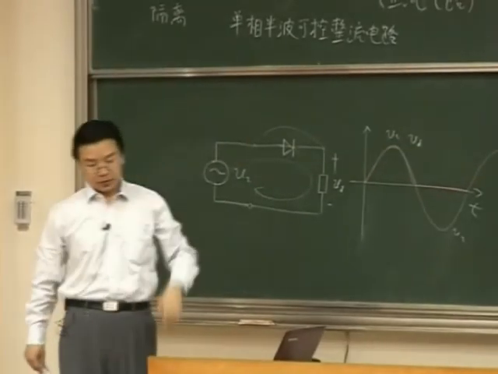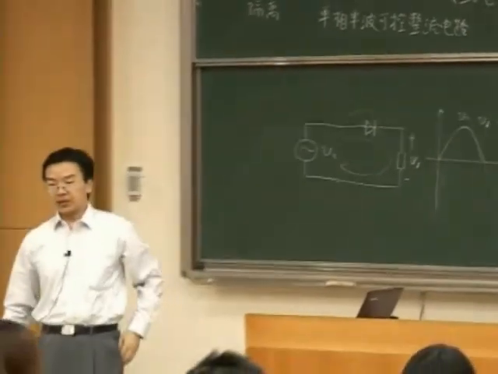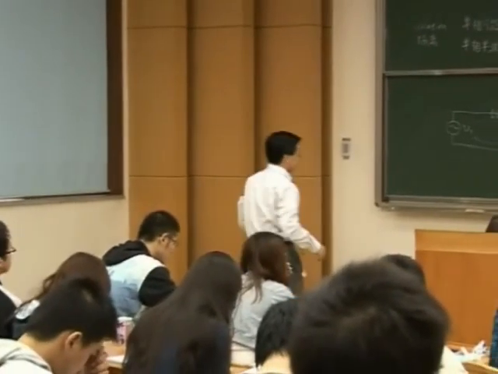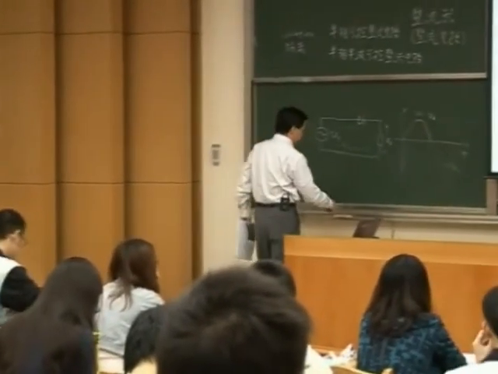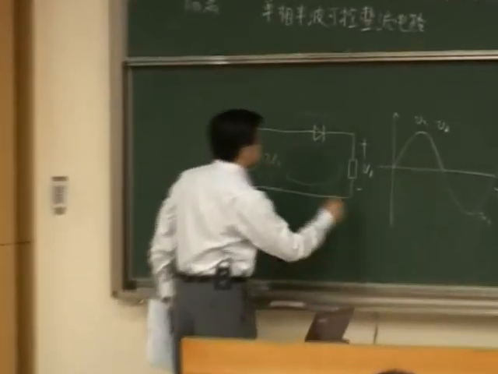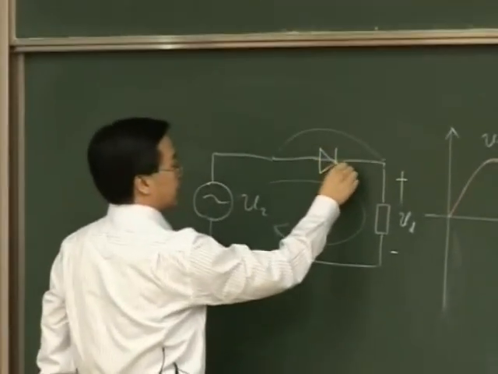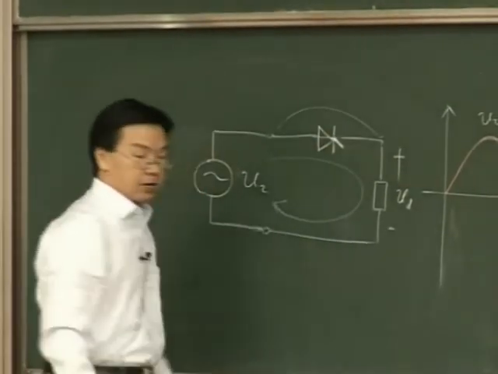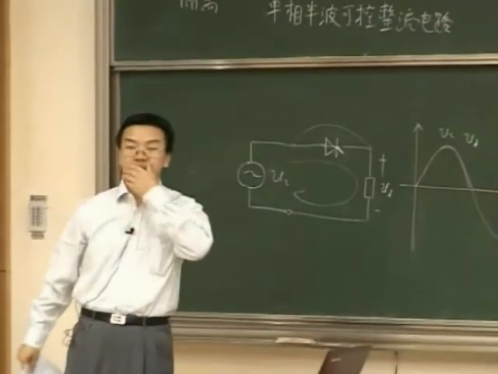Okay? So once you understand this very simple diode circuit, we can see what happens if we change this diode into a thyristor. What difference do we make?